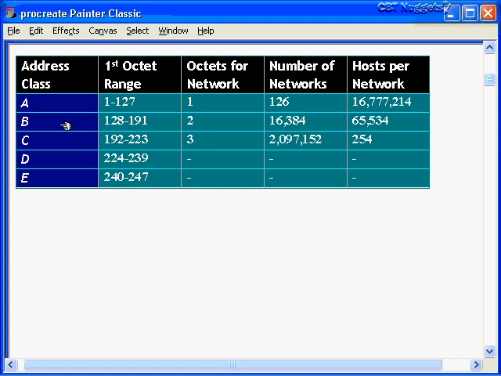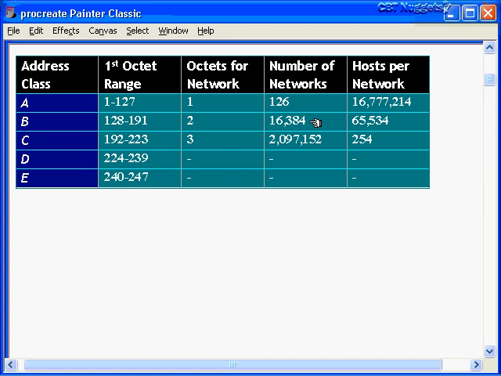Another common address class that a lot of companies very familiar to you have is the Class B address. If the decimal value of the first octet is between 128 and 191, then it's going to be a Class B address. It takes the first 2 octets in the IP address to represent a Class B network. The possible number of networks in Class B is 16,384.